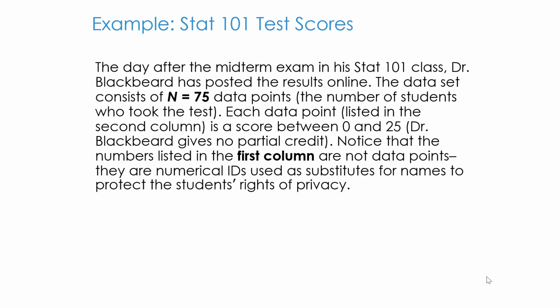Each data point listed in the second column is a score between 0 and 25. Dr. Blackbeard gives no partial credit. Notice that the numbers listed in the first column are not data points, and they are numerical IDs used as substitutes for names to protect the student's rights of privacy.